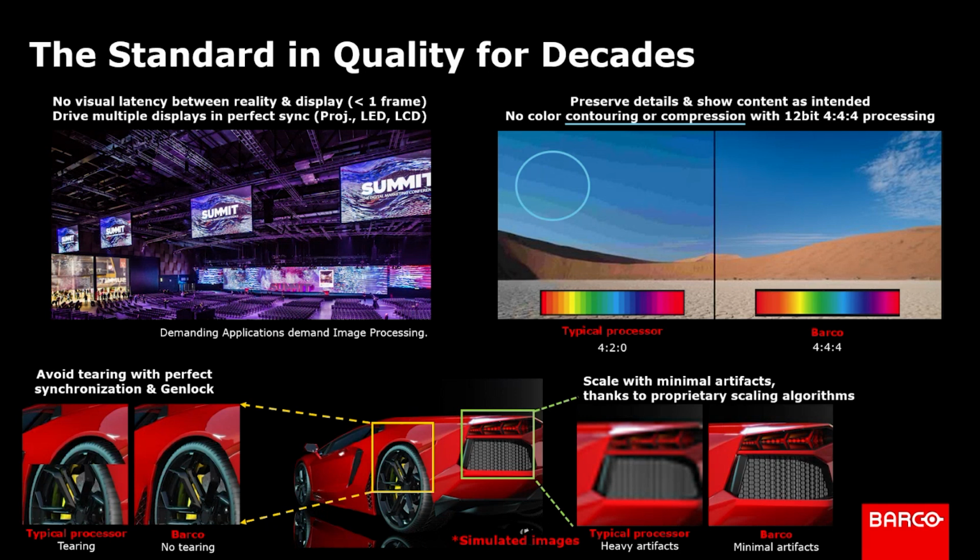We do our best with our amazing proprietary algorithms to reduce those artifacts, as well as tearing, with Genlock, and even without Genlock, our outputs are synchronized to avoid tearing when we write video frames.